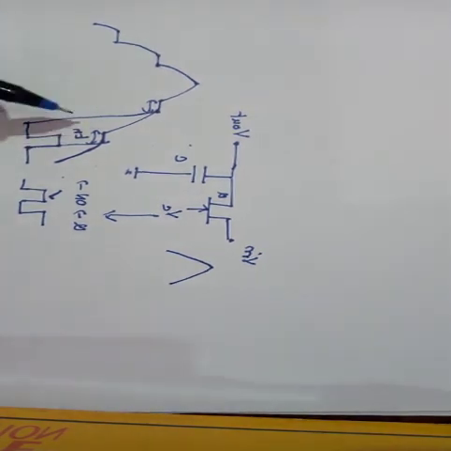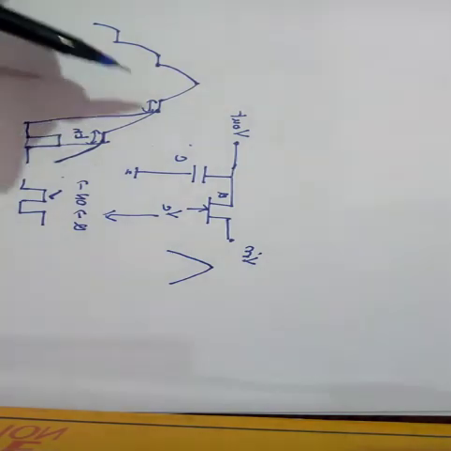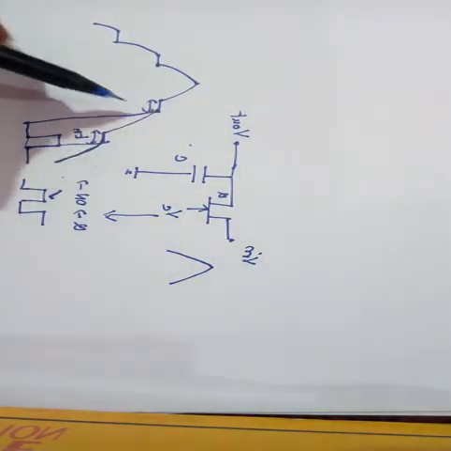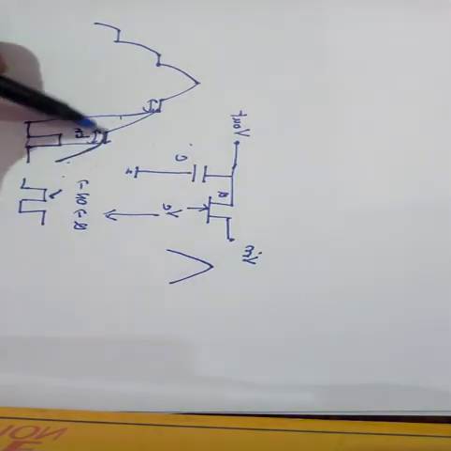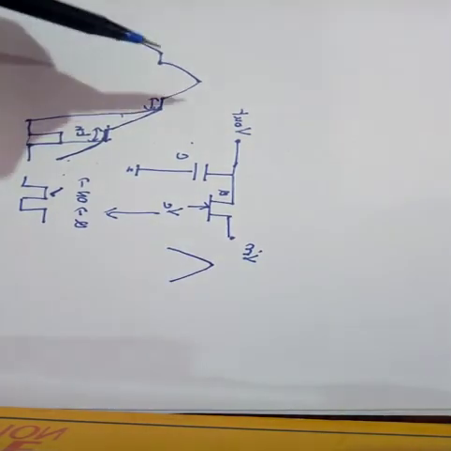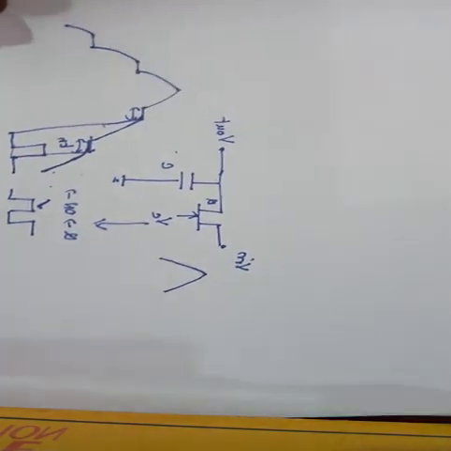I just reversed the diagram. Let me draw it neatly here. So this is the charging, holding, charging, holding. Please listen. The capacitor charges during the on state of the switch.